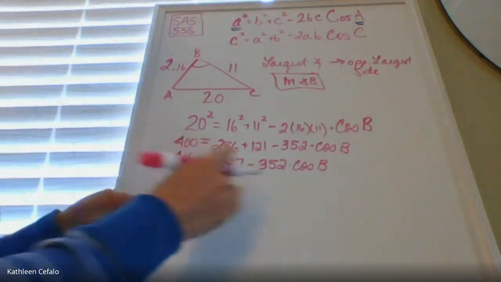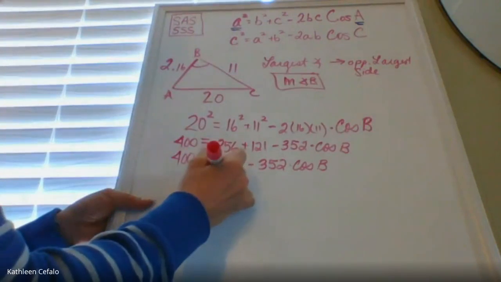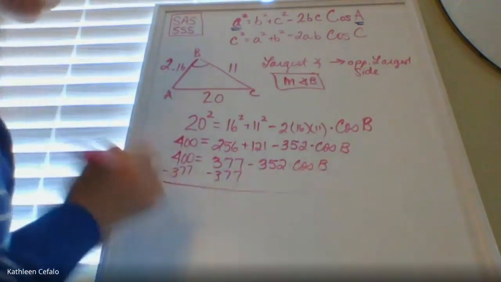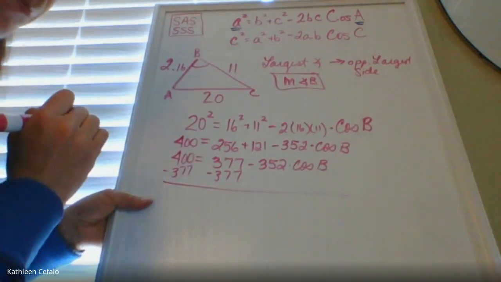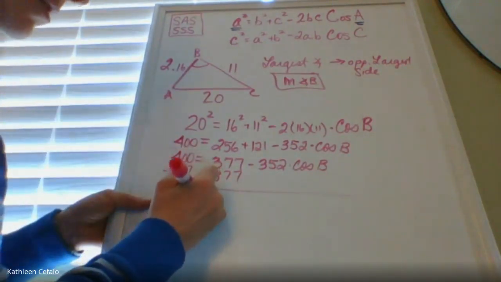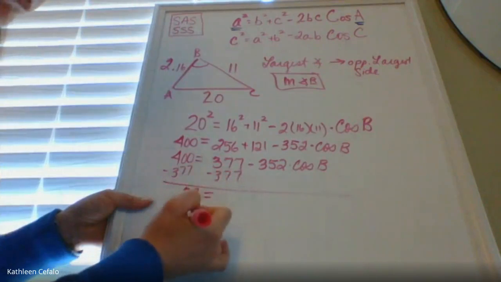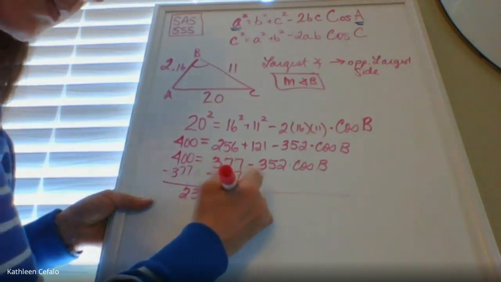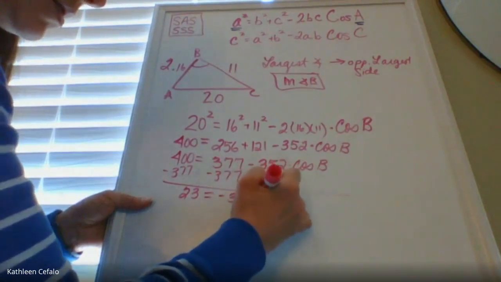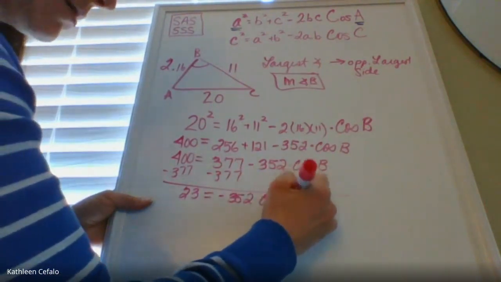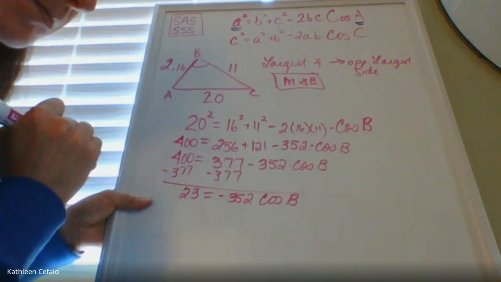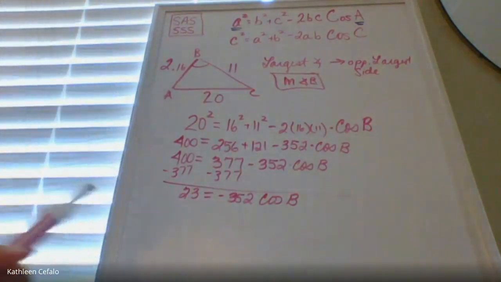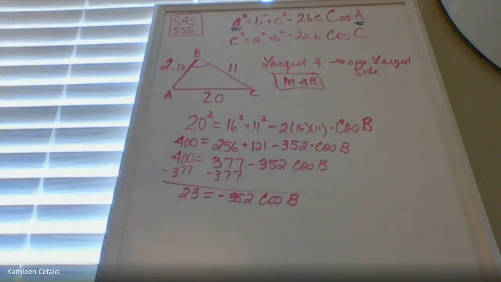Okay, orders of operations would say I'd need to move this 377 over. So I'm going to subtract that from each side. Okay, so now we're going to have 23 is equal to a negative 352 cosine B. Okay, and I'm noticing on my paper I have an error, so I'm going to do a quick double check here.